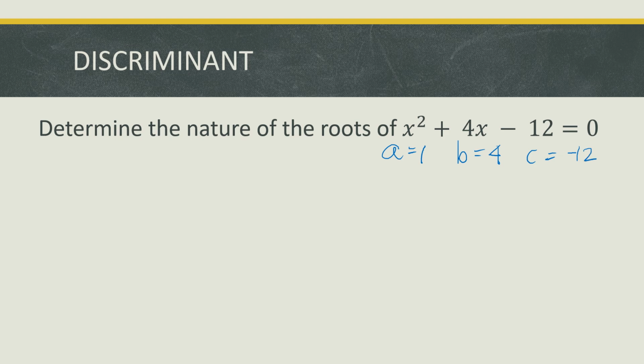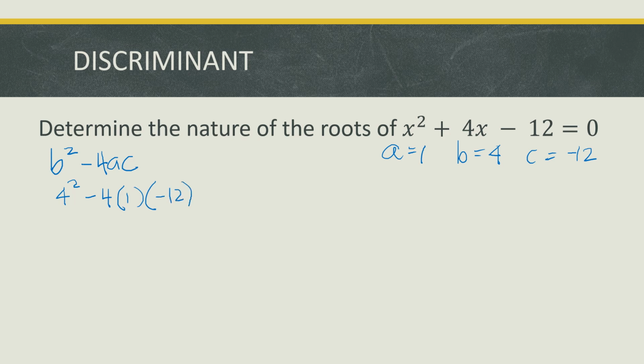So we substitute these values into our discriminant, b squared minus 4ac: 4 squared minus 4 times the a value of 1 and times the c value of negative 12.